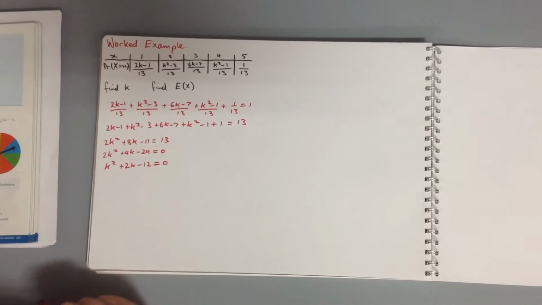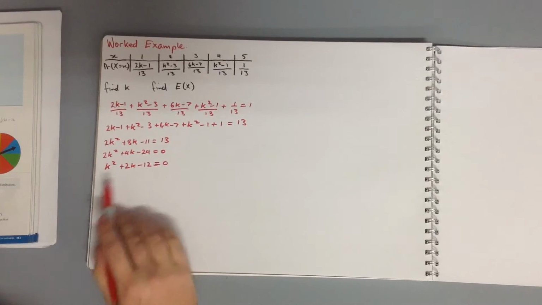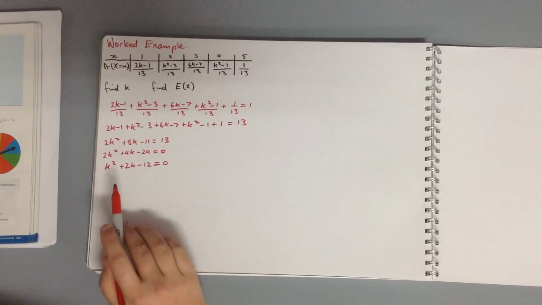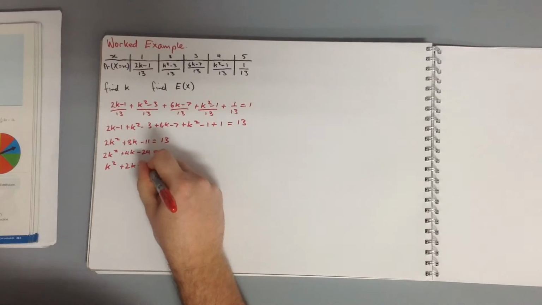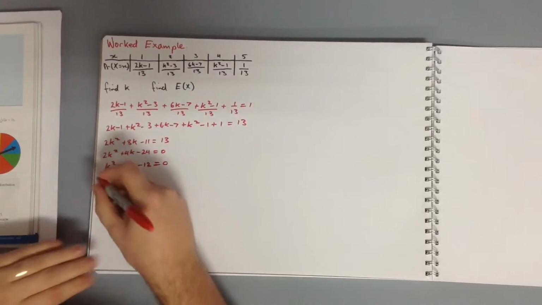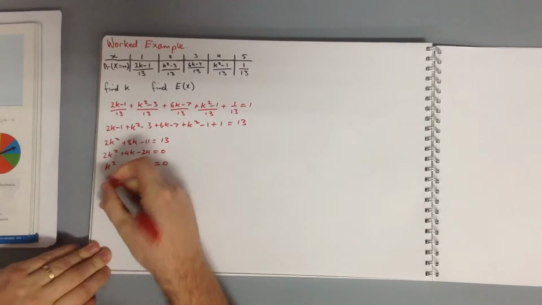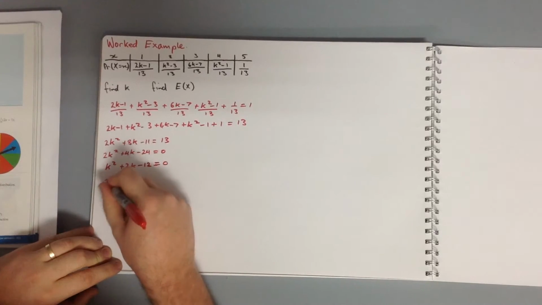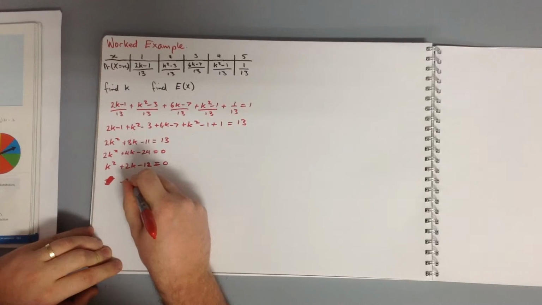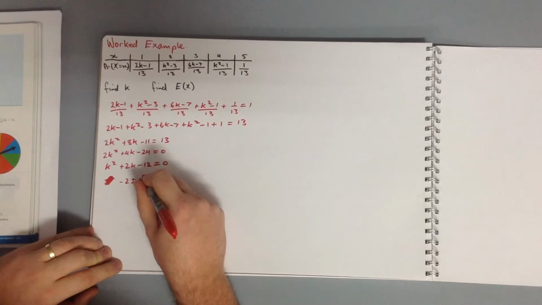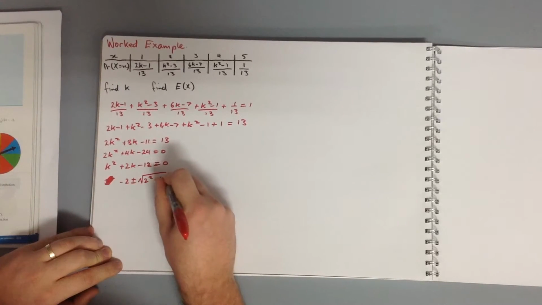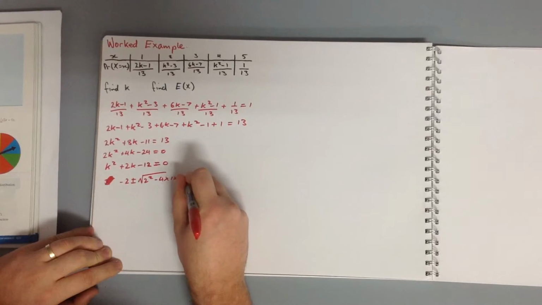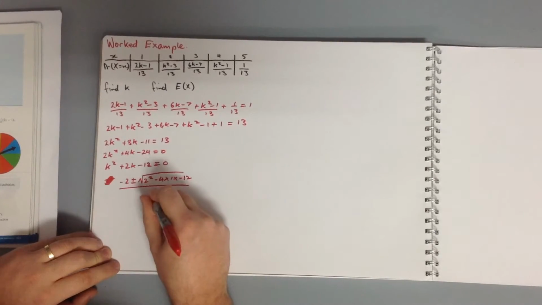Okay, we would need to factorise that expression now as well. So we need to go, well, what can we use here to get this to work for us? Well, we might need to go for the quadratic formula: minus 4 plus or minus the square root of 4 squared, take 4 times 1 times minus 12, over 2.